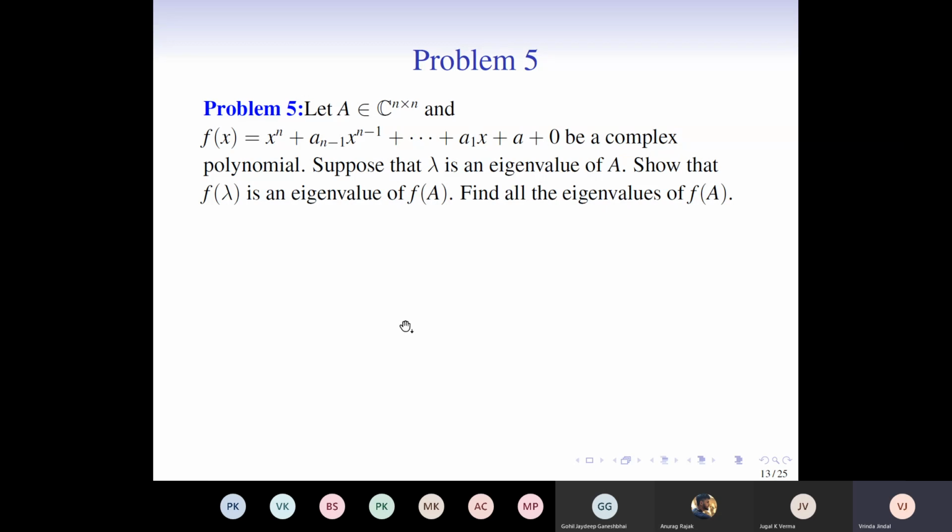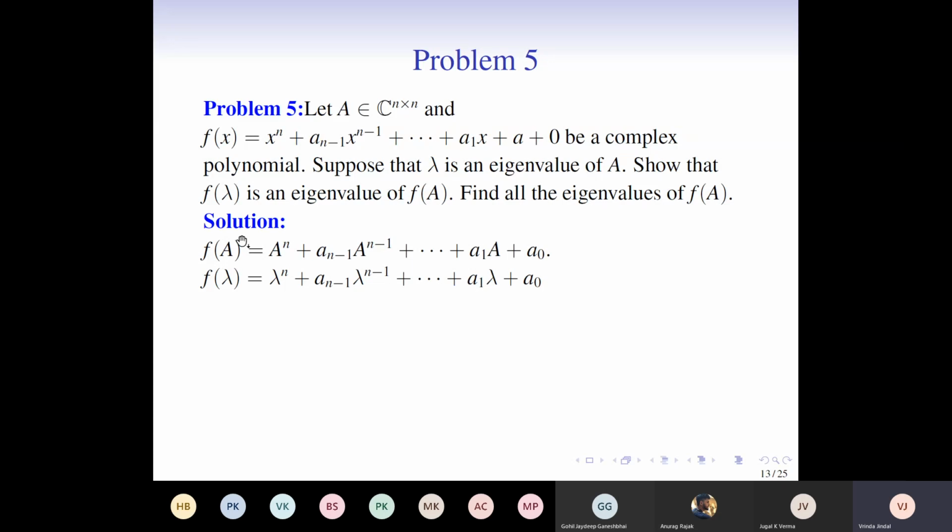It says that A belongs to C n cross n. A is an n cross n matrix, and f of x is a complex polynomial, which is this polynomial, and we need to prove that if lambda is an eigenvalue of A, f of lambda is an eigenvalue of f of A, and we also need to find all the eigenvalues of f of A. Just writing it out again, f of A is A raised to power n plus some complex numbers, a n minus 1, A raised to power n minus 1, and so on.